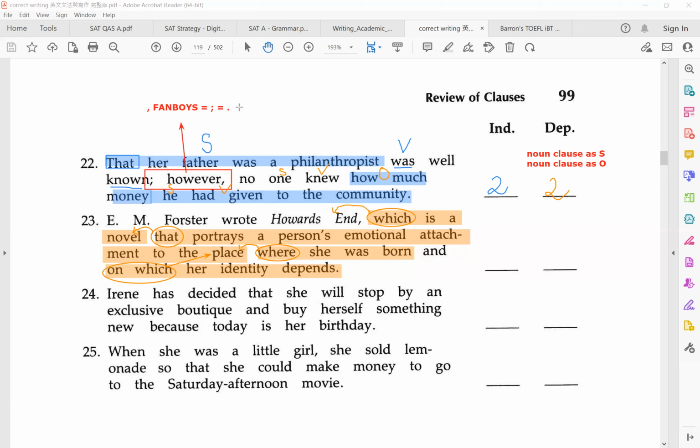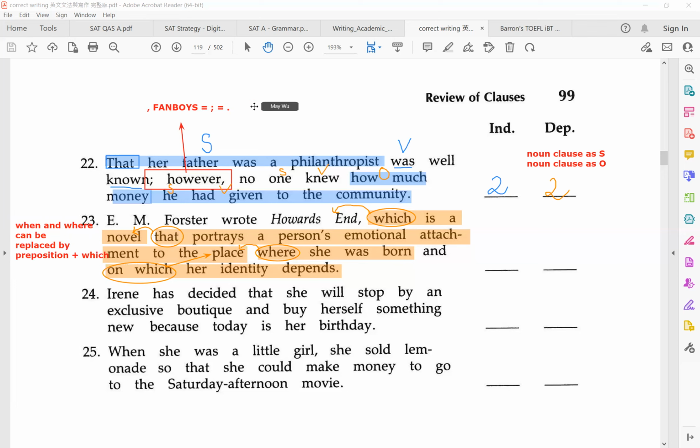So if you remember, our when and where can be replaced by preposition plus which. So for example, Taiwan is the country where I was born. I can say Taiwan is the country in which I was born.